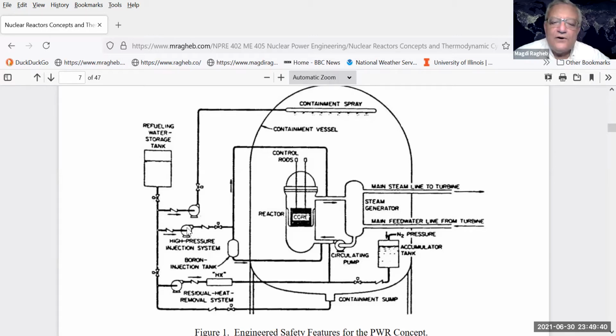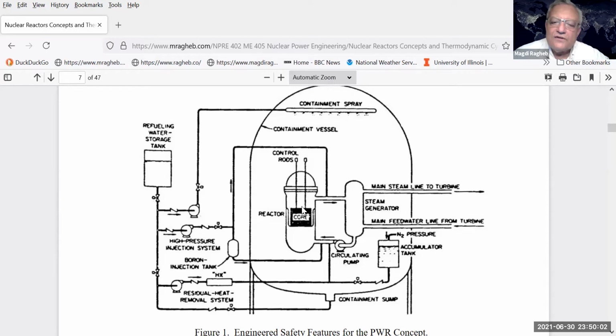Now, if you have a pump that generates high pressure, you'll find that it generates also a very low throughput in the flow itself, and you inject that into the core to cool it if there is an accident. However, the flow rate is very low when you produce high pressure.